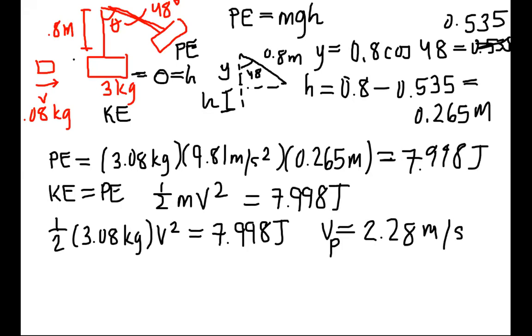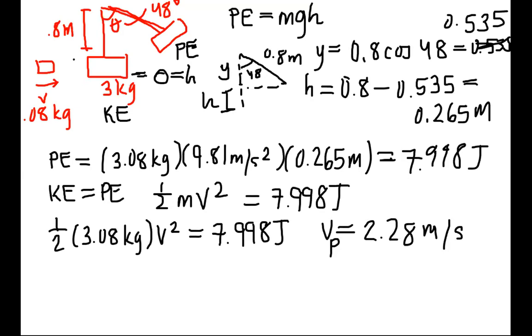So that means we can't use the conservation of energy. There'd just be too many variables we don't know. However, we can use the conservation of momentum because we know the individual masses and we know the velocities of the combination of them. So yeah, we just use the conservation of momentum equation.